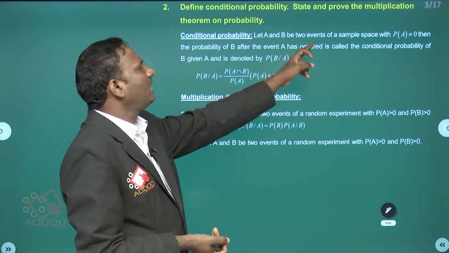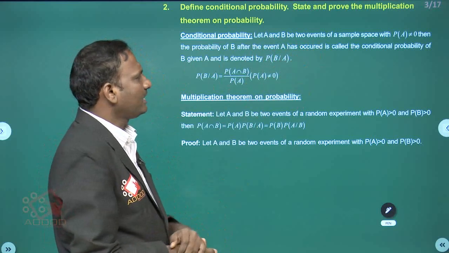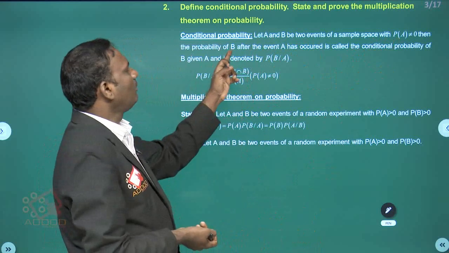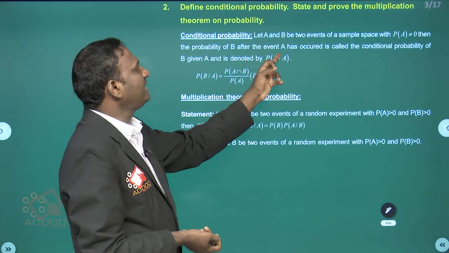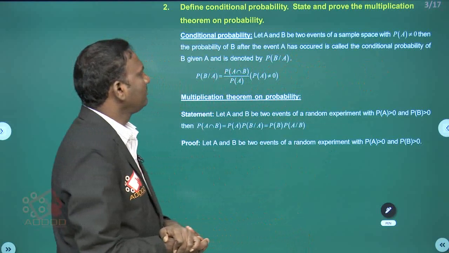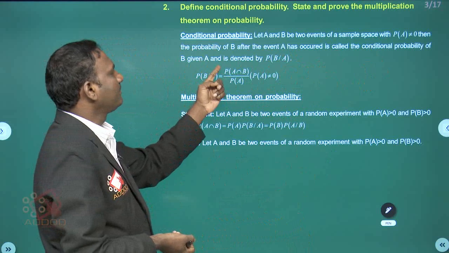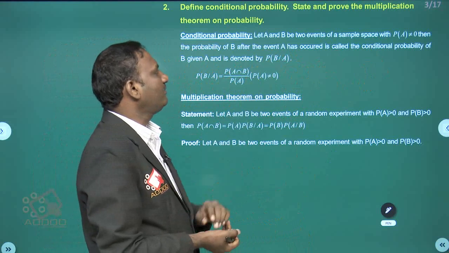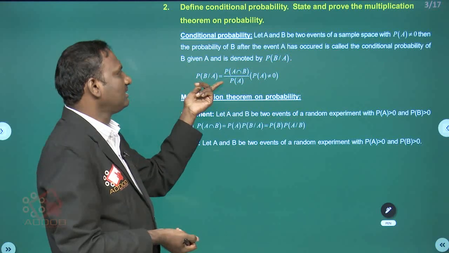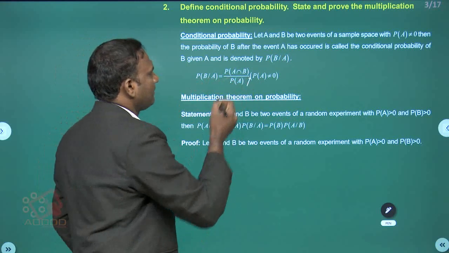Let A and B be two events of a sample space with P of A not equal to 0. Then the probability of B after the event A has occurred is called the conditional probability of B given A, and it is denoted by P of B given A.